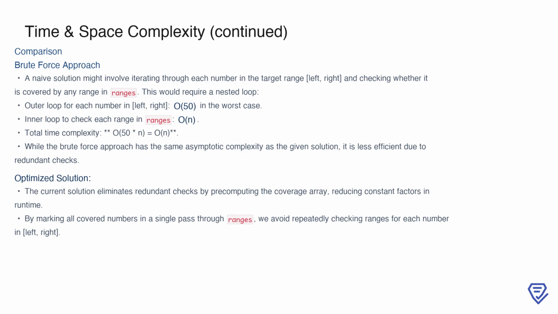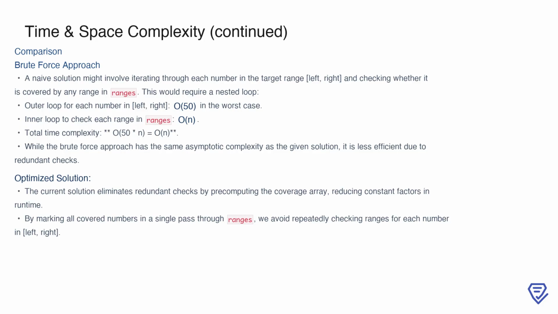Let's compare this optimized solution to a brute force approach. A naive method would involve iterating through each number in the target range, left, right, and checking whether it falls within any of the ranges in the ranges list. This would involve an outer loop of at most 50 iterations for the target range, and an inner loop that checks all n ranges. The total time complexity for this brute force approach is O(50*n), which simplifies to O(n).